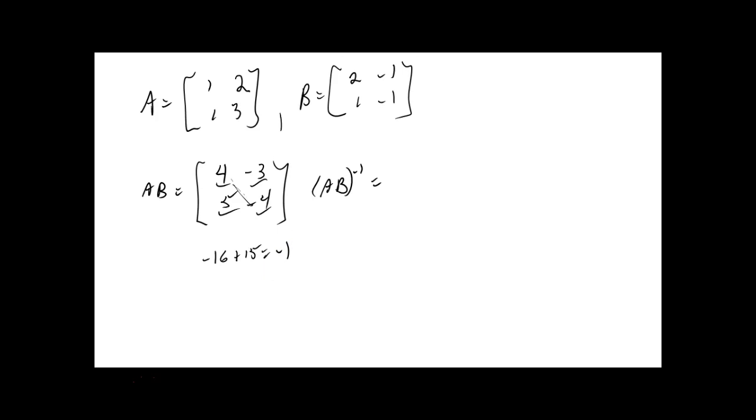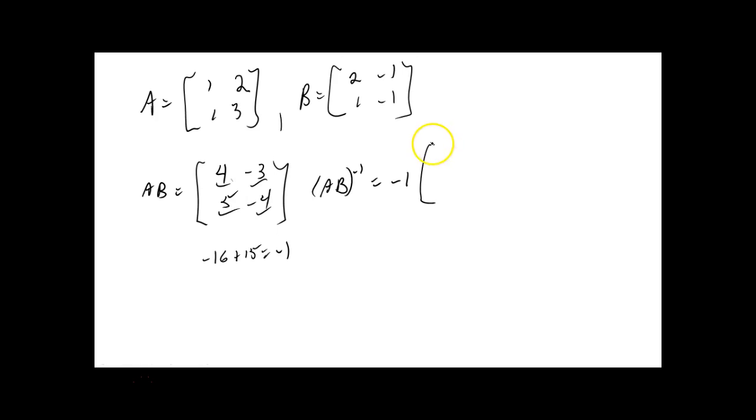So what's the first thing you write down about the inverse? It's going to be 1 over negative 1, which is negative 1, times the inverse of AB. Okay, what's the rule to do the inverse?